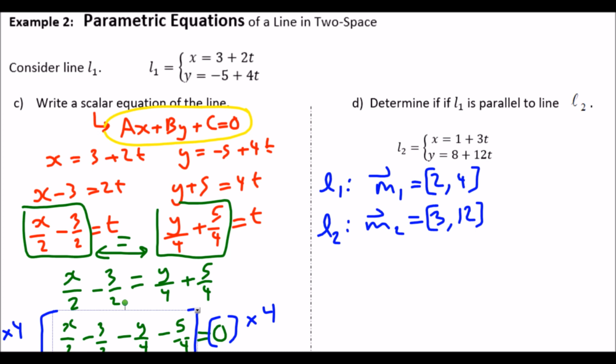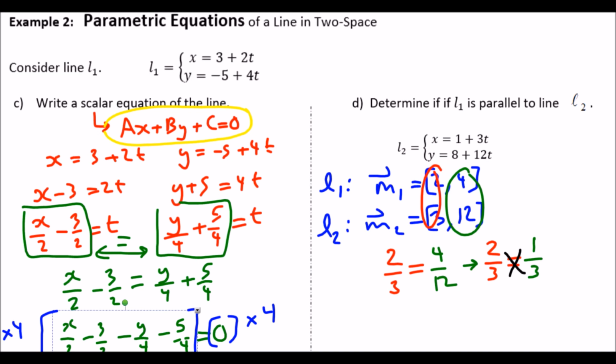So I'm going to write them as ratios. Taking the first components, I have 2 over 3, and I'll see if that's equal to the second components, 4 over 12. If I simplify, 2 over 3 is equal to 4 over 12, which simplifies to 1 over 3. Are these equal?